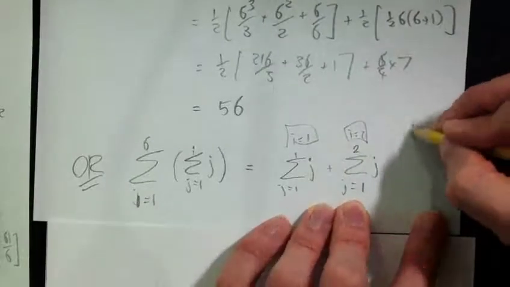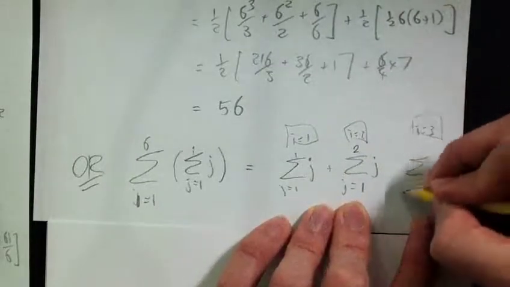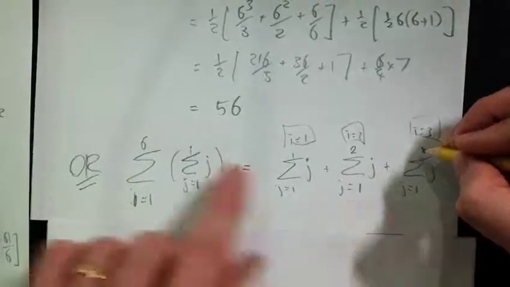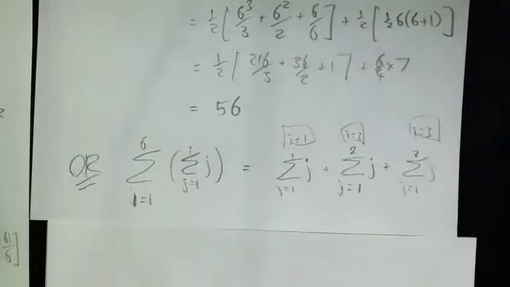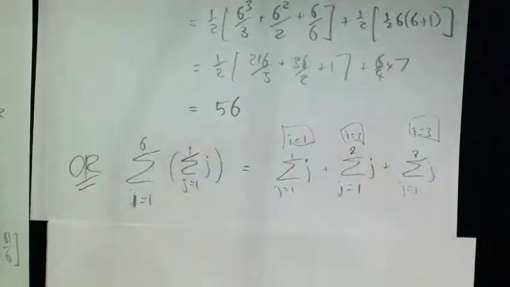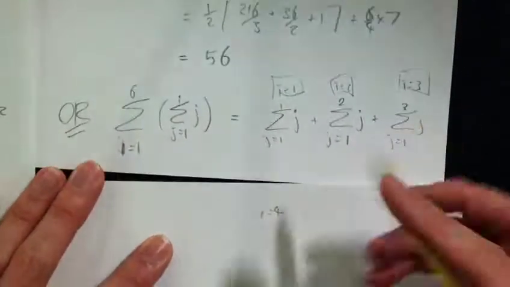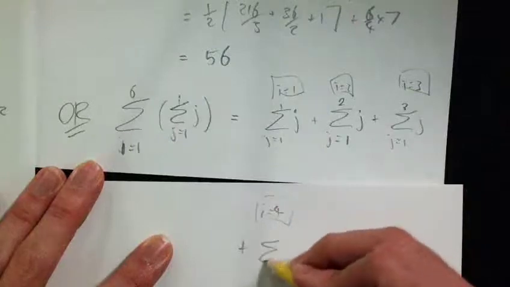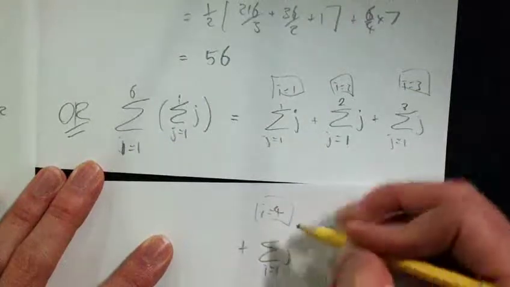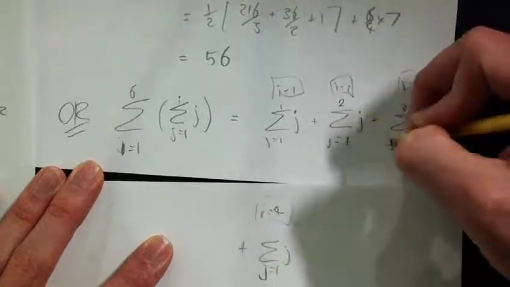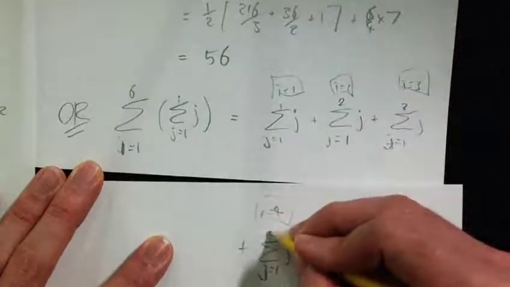If I equals 3, I would have gotten the sum from j equals 1 to I, but the I is 3. And I'm literally copying all of this and replacing the I with the numbers that it is. And if I equals 4, I would have gotten the sum from j equals 1 to I, but I is 4.